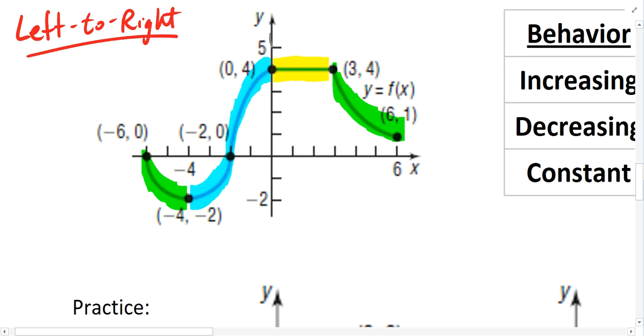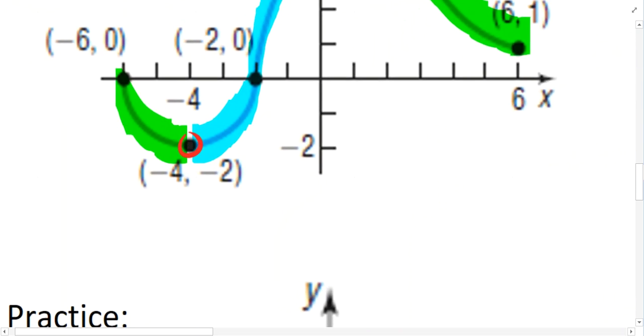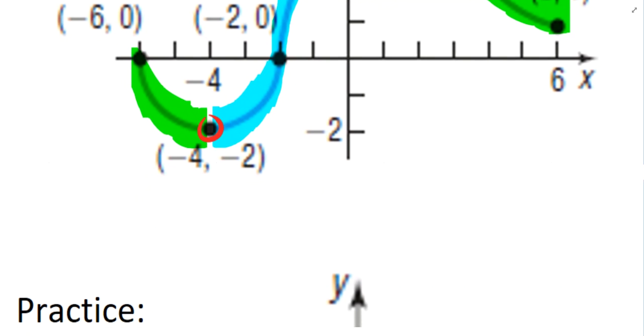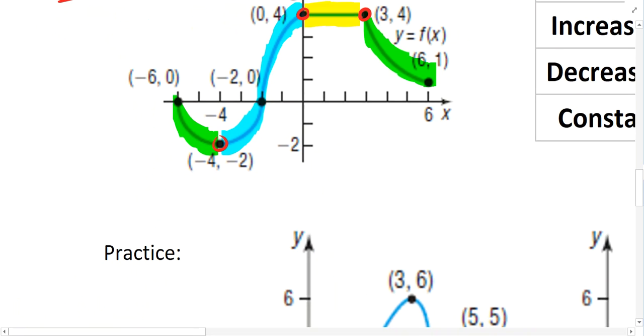Now at these points of transition, imagine that you're able to zoom in infinitely close here. If you're able to take a look at that graph as infinitely close as you possibly could, it would be difficult to determine, or impossible to determine, right at that specific spot whether the graph is increasing or decreasing. Same thing here.